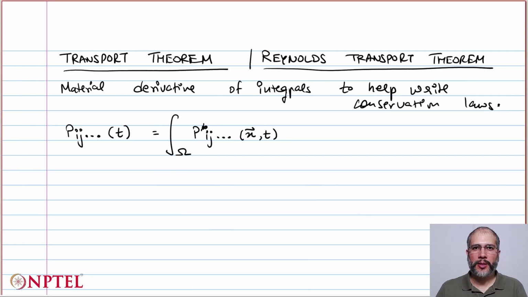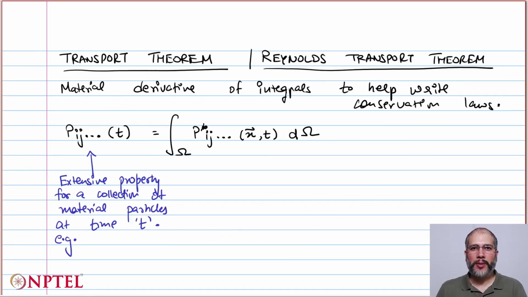So P star is a local quantity times d omega. So this quantity P, which is a function of time, is called an extensive property. And extensive properties are properties which are contained in a collection of material particles together at some time t.